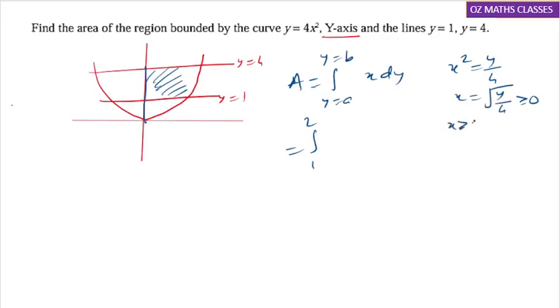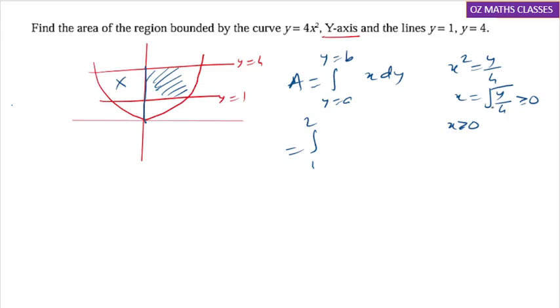So x should be greater than or equal to 0, and y must be positive. That is why I am taking this region only. I am not taking this region. So x must be positive and y also must be positive. That means the region should lie in the first quadrant. If you take y negative, x will become negative, so you can't take a region on the left side of the y axis.